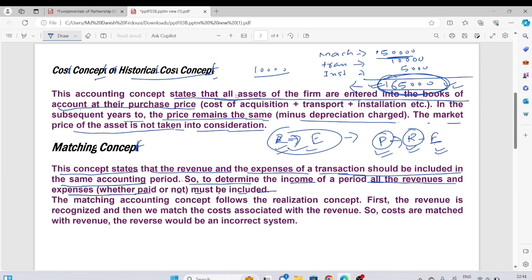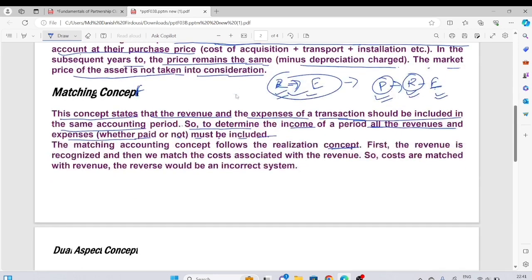The matching concept follows the realization concept. Realization concept in the sense whether it is realized or not realized, if it is recognized, then it should be written into the particular financial year. So this is the matching concept.